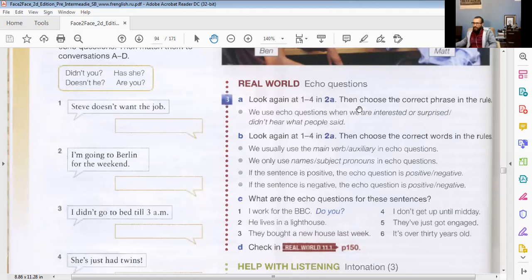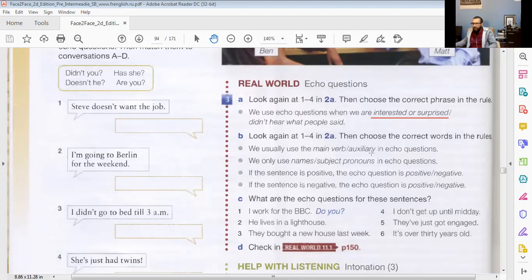So it says here, look again at number 1 to 4, choose the correct rule. So we want to choose the correct rule. It says, we use echo questions when we are, you have two options, interested or surprised, or didn't hear what people said. What do you think? Interested or surprised. That's actually correct. And here it says we use the main verb or the auxiliary in echo questions.